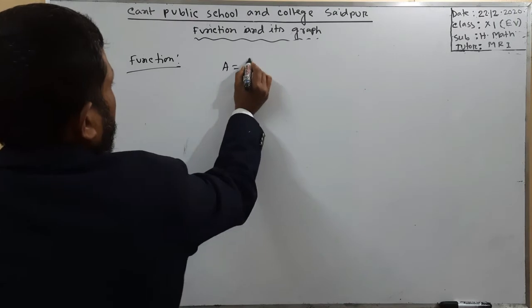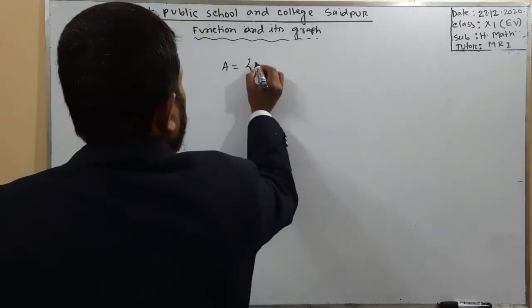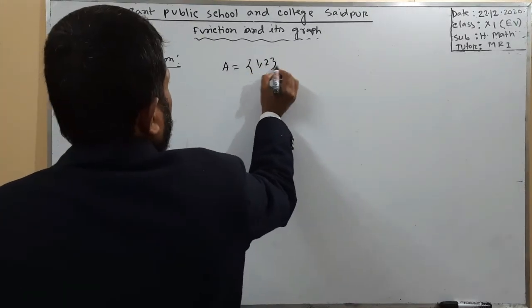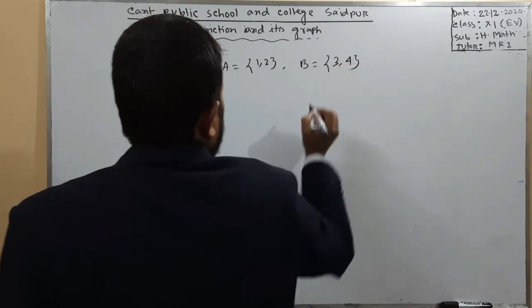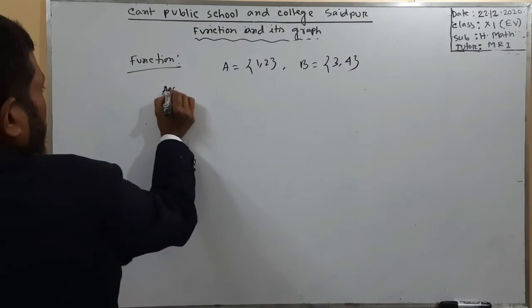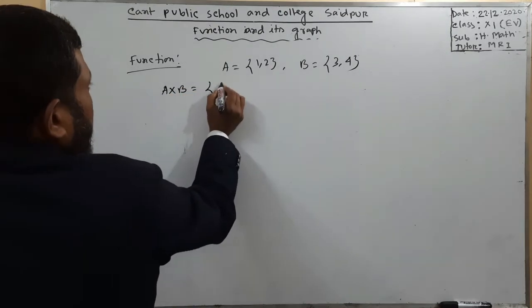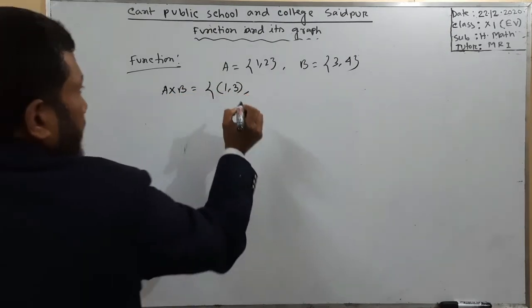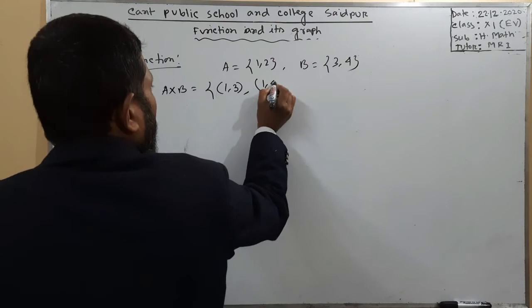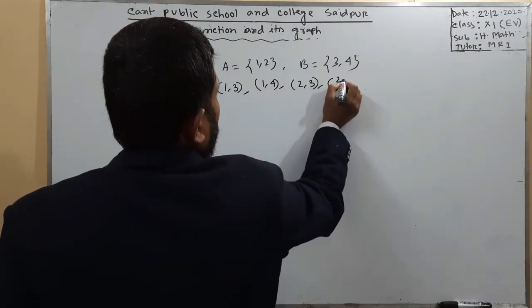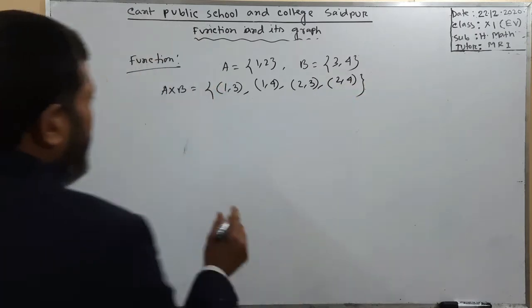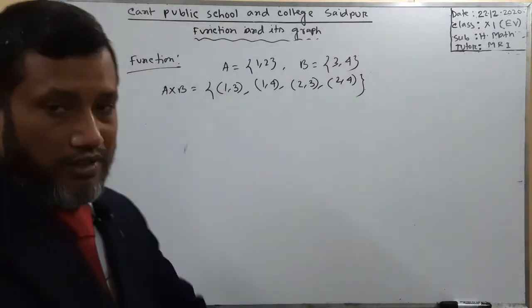Suppose A has elements 1, 2 and B has 3, 4. If we write A cross B, then we get (1, 3), (1, 4), (2, 3), and (2, 4). You know, this is also a relation.